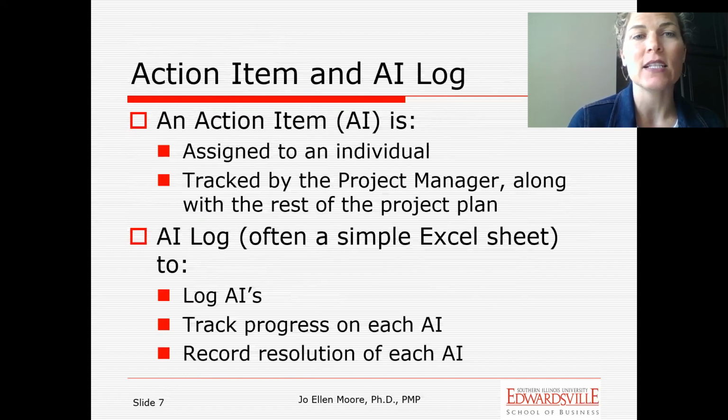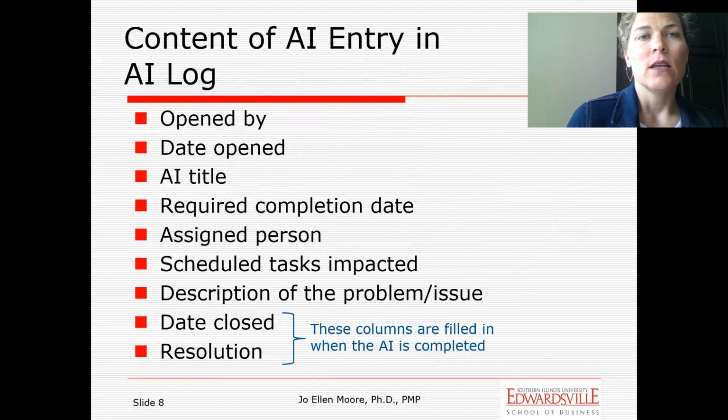Now, just like you would in your WBS, you assign somebody to this action item. And then you track it to make sure that it does get resolved or completed. So again, that's the idea behind the action item and the action item log.